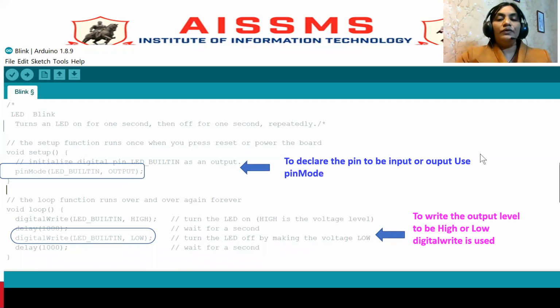Now pinMode is important because it is useful for declaring the pin to be input or output, and it is written as pinMode, with a small p and a capital M. And then once we declare the LED as an output pin, we can write it high or low using the statement called digitalWrite. So digitalWrite is a statement which is useful for writing the output level to be high or low, and in between we add a delay of 1 second by writing delay(1000).